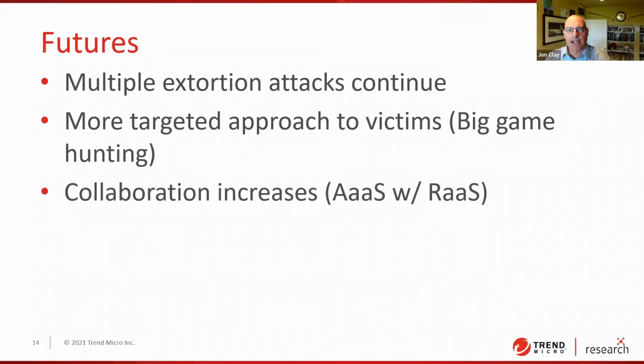Collaboration within that underground community is definitely going to continue. We're going to see an increase in that. So access as a service brokers will be selling access to ransomware as a service affiliates to get into those accounts, again, after they've probably done other things. Certainly that expertise is growing in the underground community.